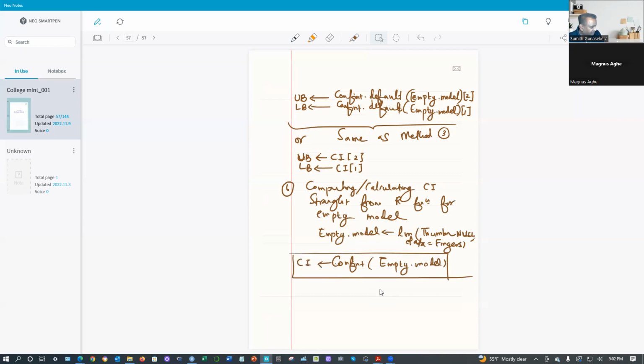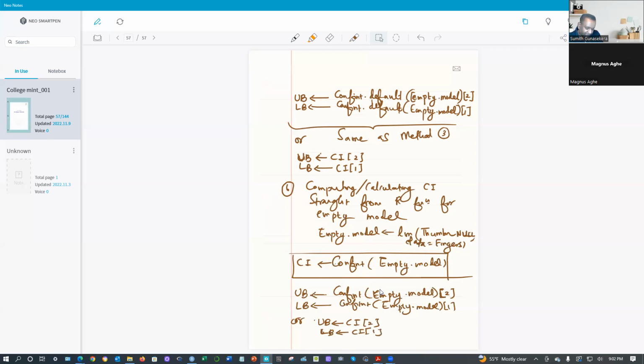Again, the upper bound will be given by confint of the empty model, of the second entry, and the lower bound, confint of the empty model, first entry. Or the upper bound is given by CI 2 and the lower bound is given by CI 1.